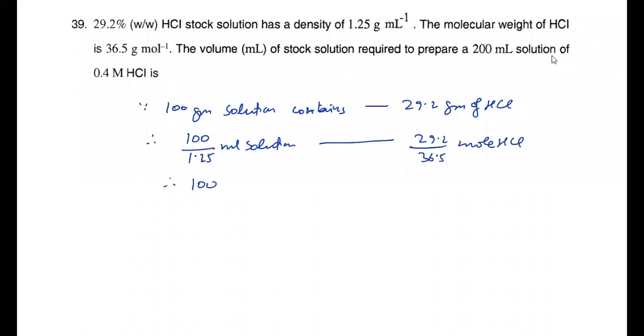Therefore, 1000 ml solution contains how many moles is the molarity. So 29.2 divided by 36.5 into 100 into 1.25 into 1000.